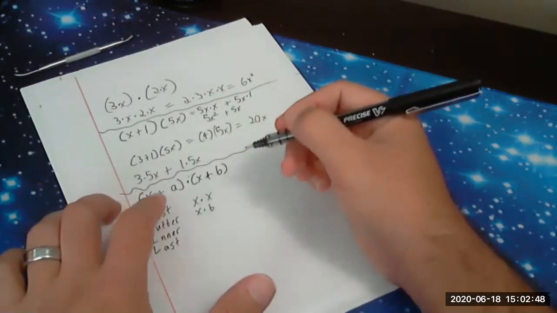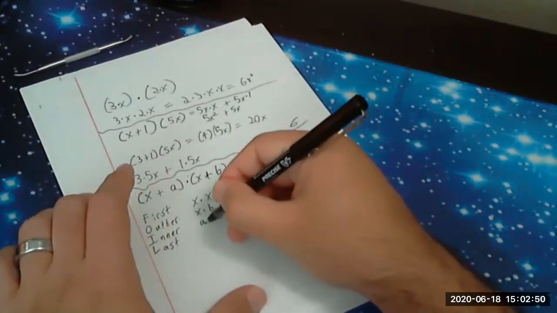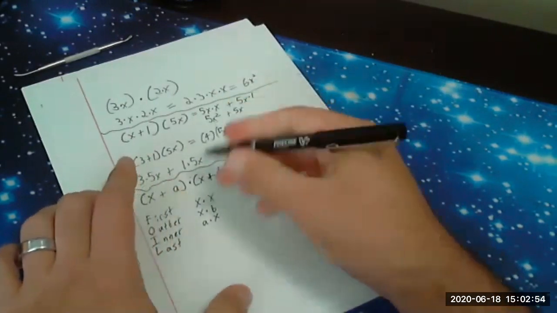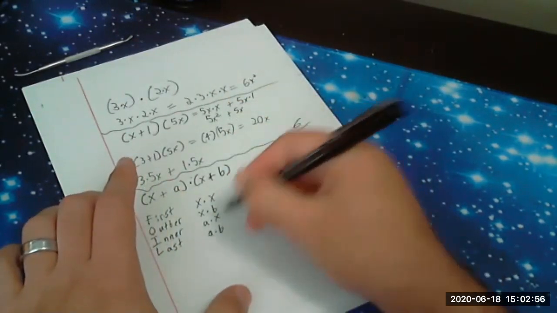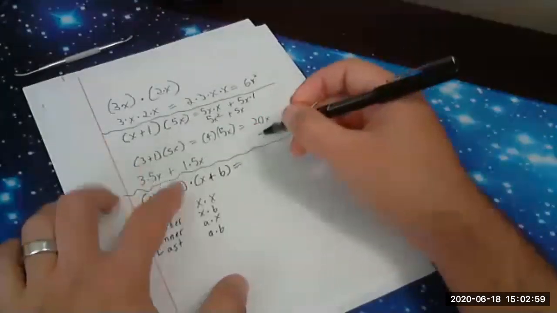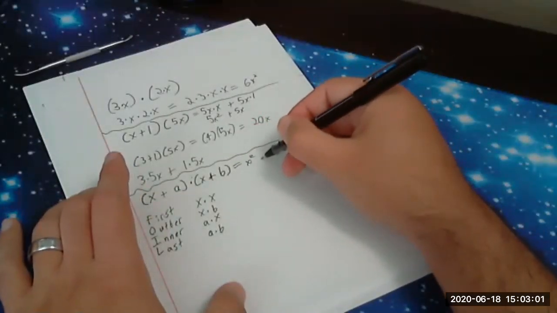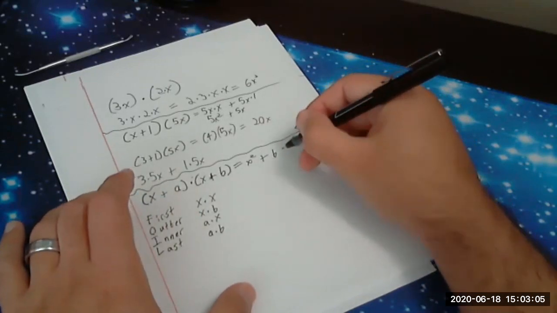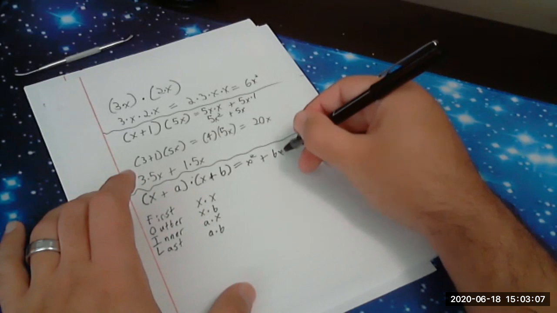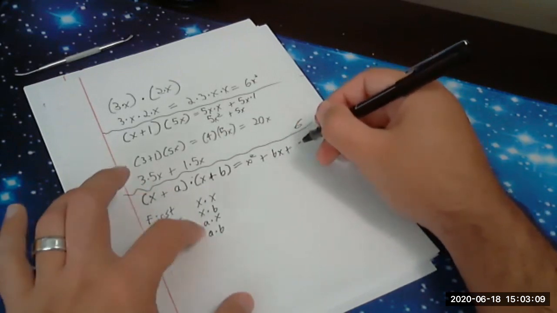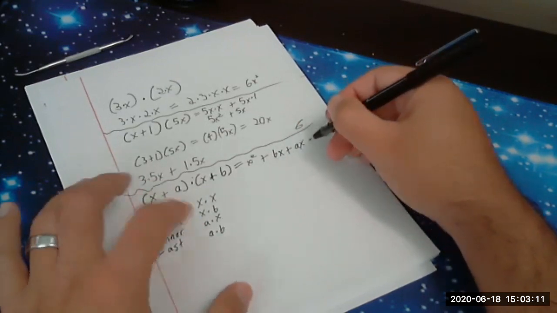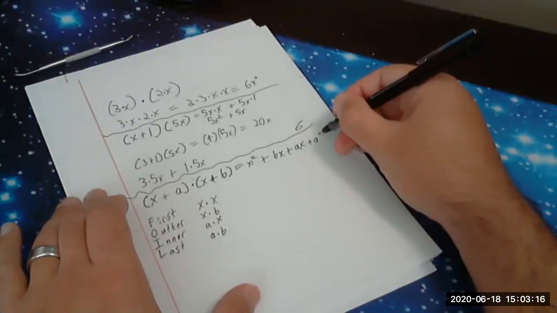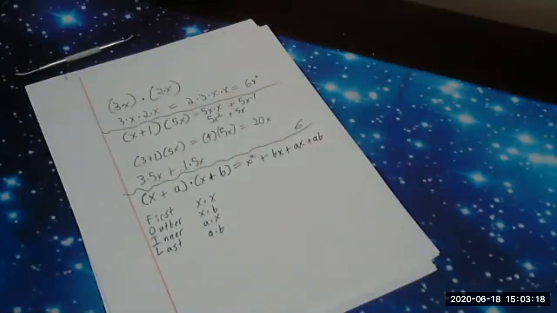The inner two terms, a times x. And then the last two terms, a times b. So what you get is x squared plus, I usually put the letter first, bx plus ax plus ab, right?